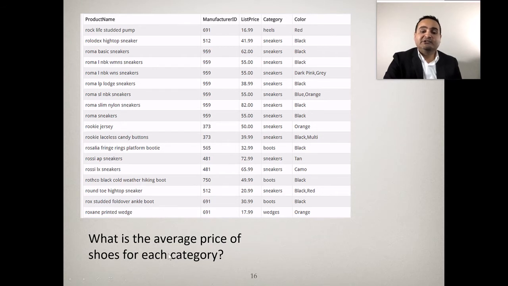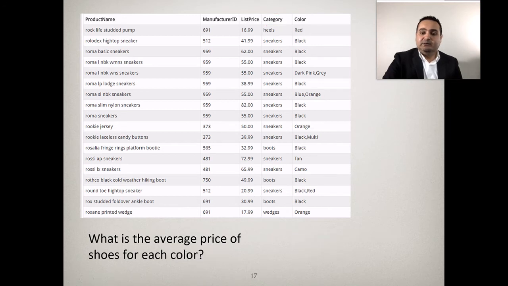So for each or for every, the group by clause will definitely be used for this query. So for the average price of shoes for each category, we need to select the category as our first column, and then average list price as the second column, from the product table, and group by category.